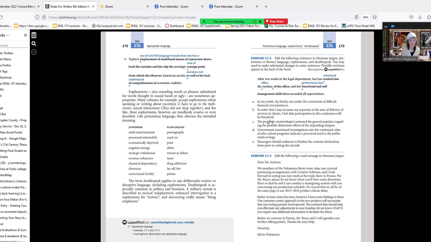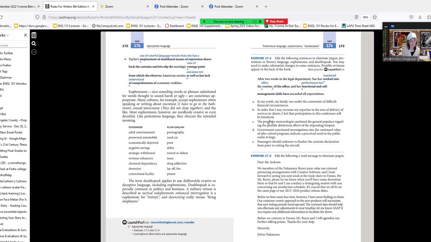Most euphemisms, however, are needlessly evasive or even deceitful. Like pretentious language, they obscure the intended meaning. And so here, the euphemism for pornography is adult entertainment; used car, pre-owned automobile; economically deprived, poor; negative savings, debts; strategic withdrawal, retreat or defeat.